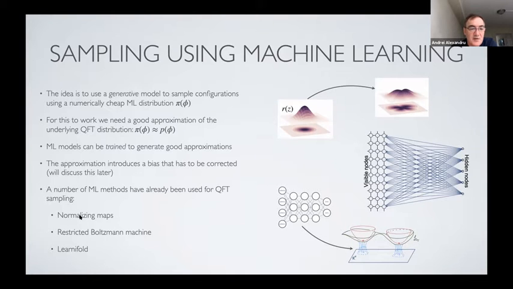There's a group at MIT, Fiala and collaborators, who have used this idea of normalizing maps, where you basically take Gaussian distributed fields that can be easily generated, and then you push them through a map. It's in the Jacobian of the map that the non-trivial parts of the QFT are encoded, and the training is done by adjusting the parameters of the map.